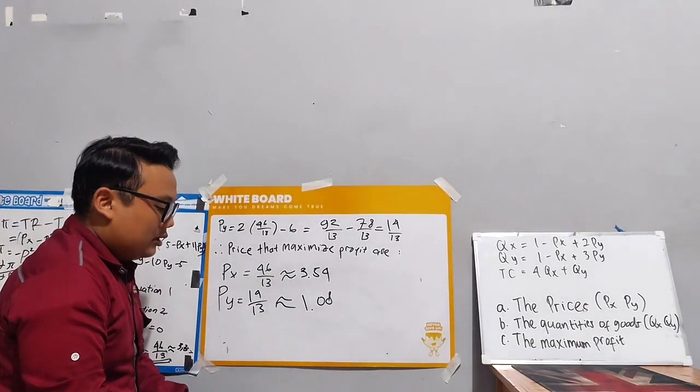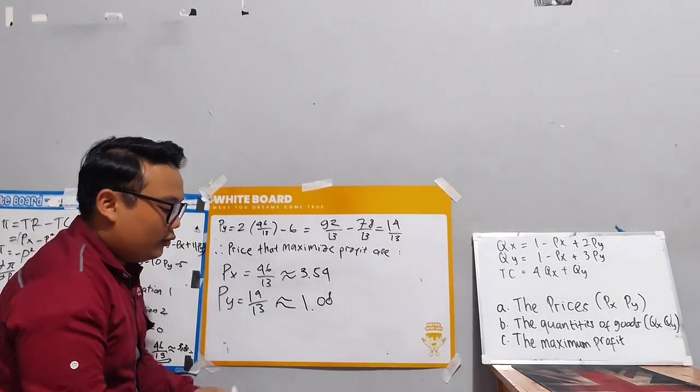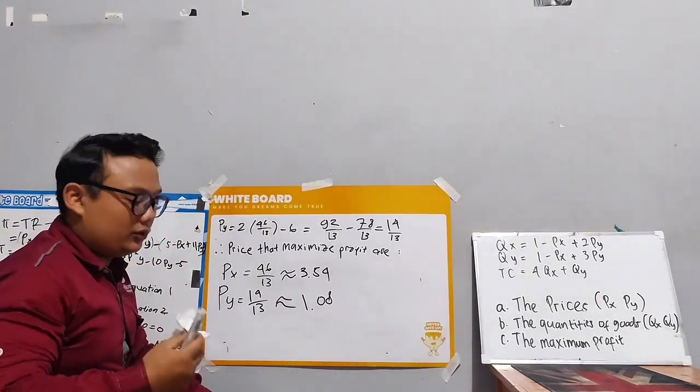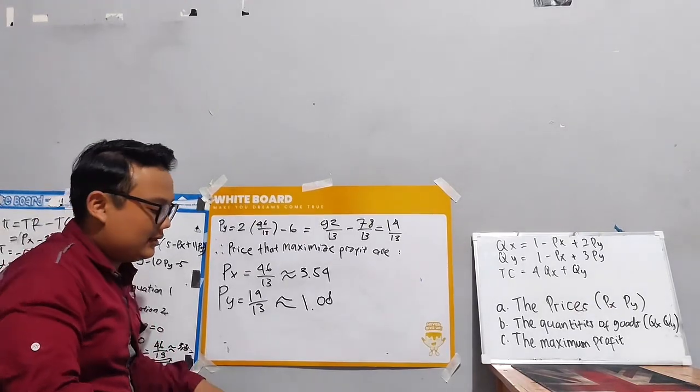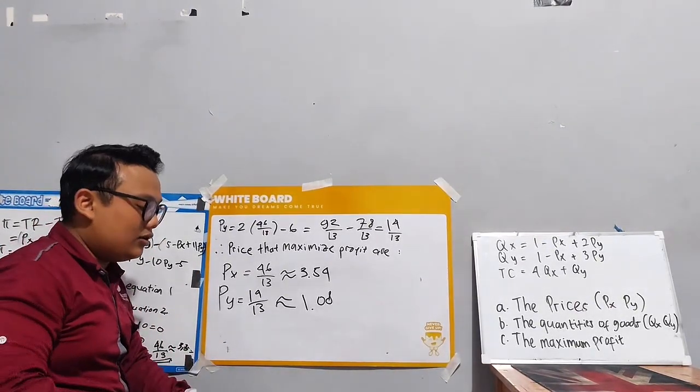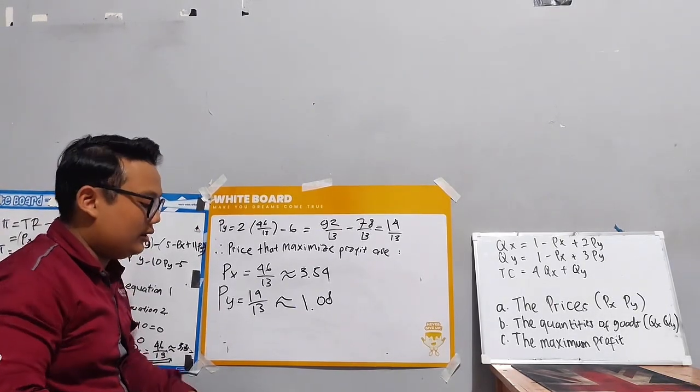To find the quantities of goods that maximize profit, next we will substitute the optimal prices Px and Py we found into the original demand function for each good.